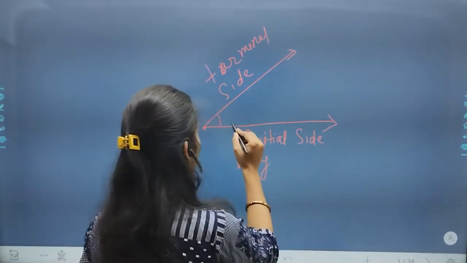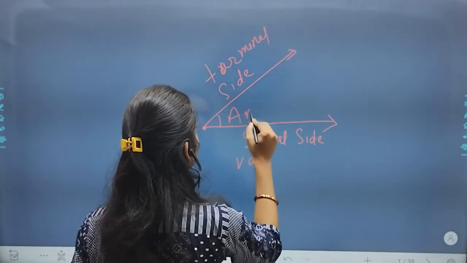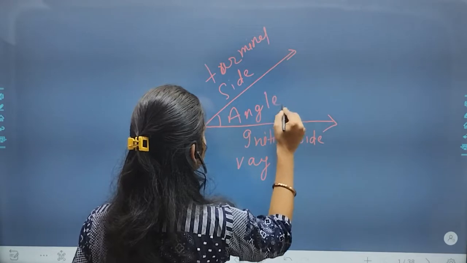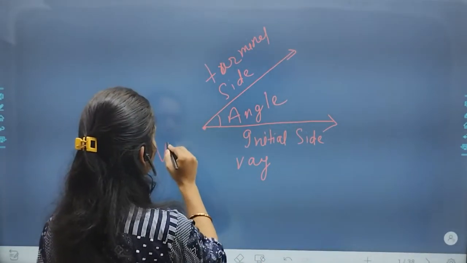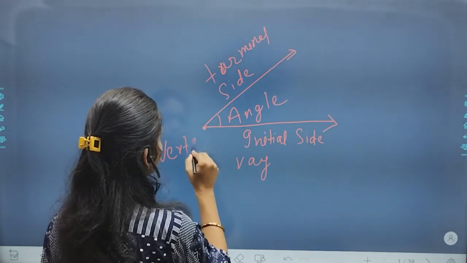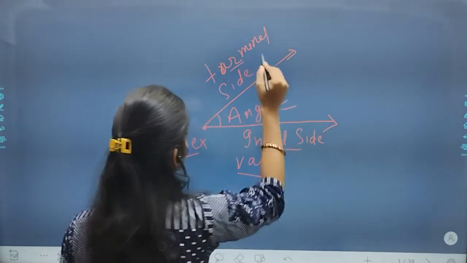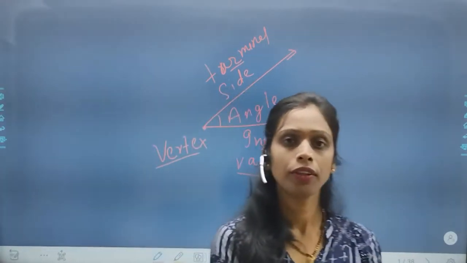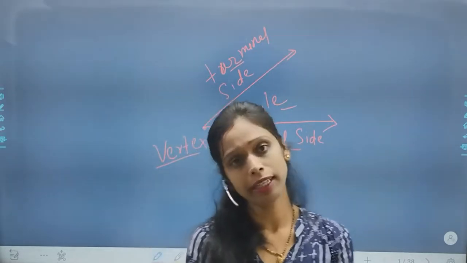It is called an angle. And this is called a vertex. Okay, this is the concept of angle.